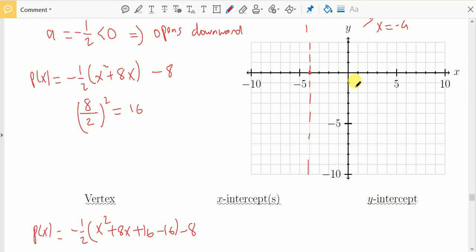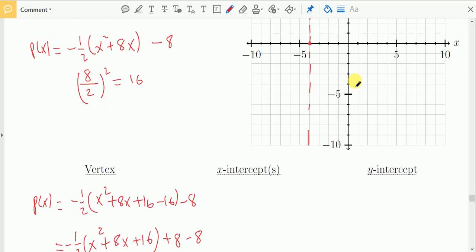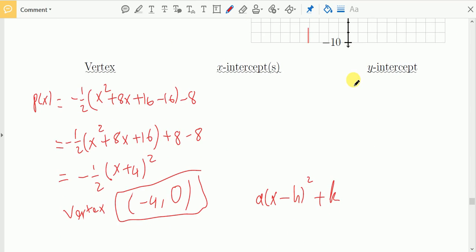And the x-intercept. In order to find the x-intercept, you're gonna let p of x equal 0, and we are solving for the solution, right? So doing that, we're gonna let this term be 0.